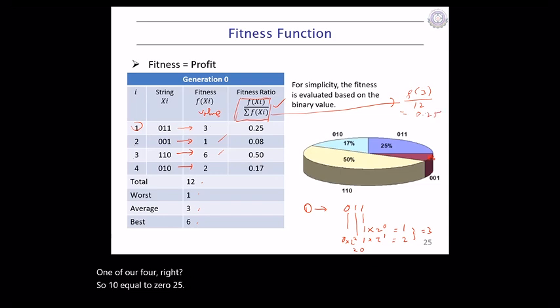So please check whether the other numbers are the right ones or not. This is 0.25. So 1/12, is it 0.08? Correct? The fitness ratio. Okay, the second strategy and the third strategy, 6/12 is 0.5.